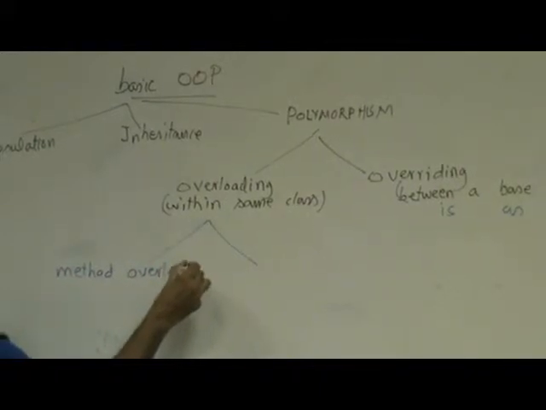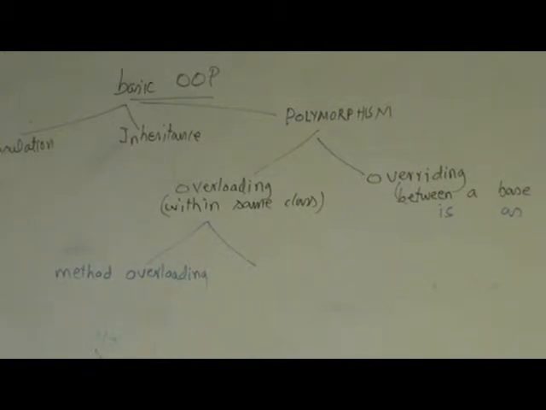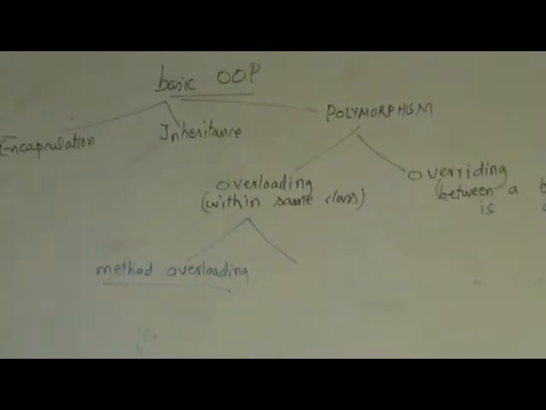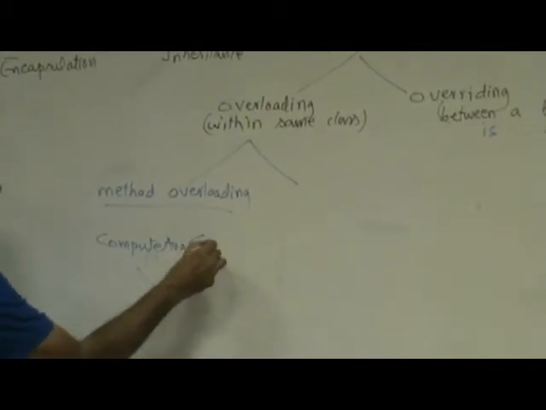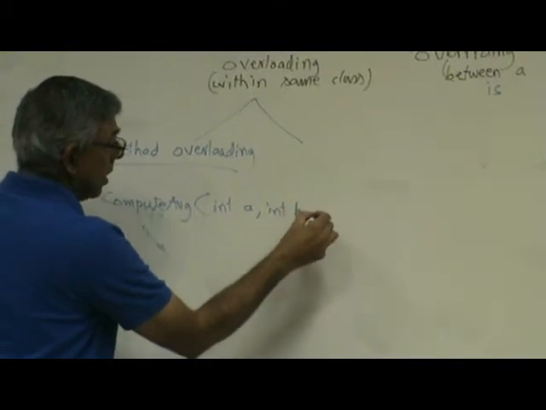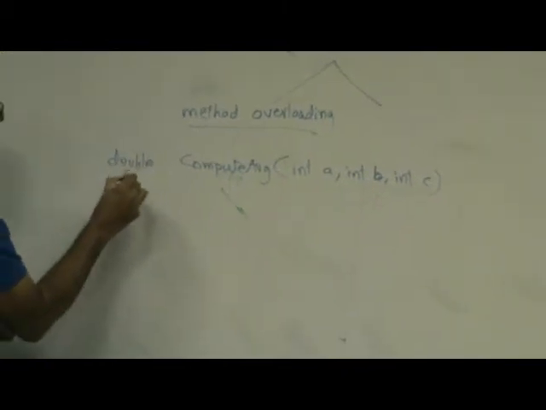For example, if we create a class, the constructor is like a method. We often overload constructors. We provide a constructor without any parameters. We provide a constructor with as many parameters as the number of fields in the class, right? Not only constructors, like we gave an example, if you wrote a computeAVG which takes the average of 3 integers, the return is double.